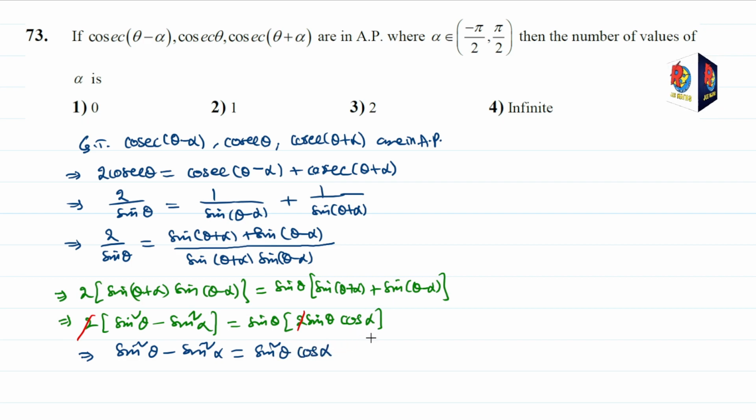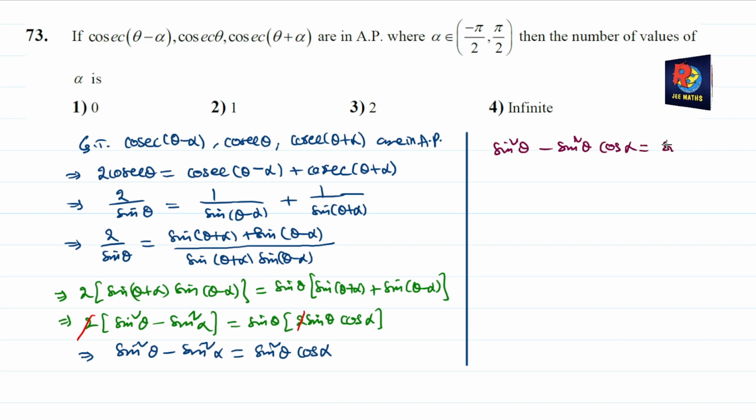Now if I take sin square theta to the left hand side, then it will be sin square theta minus sin square theta cos alpha equals sin square alpha. If I take sin square theta common, 1 minus cos alpha.